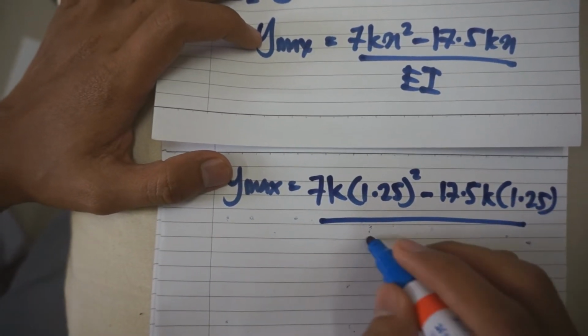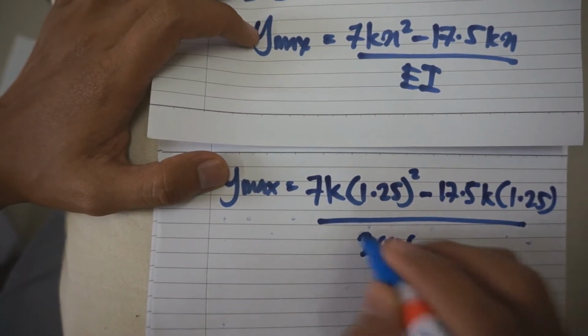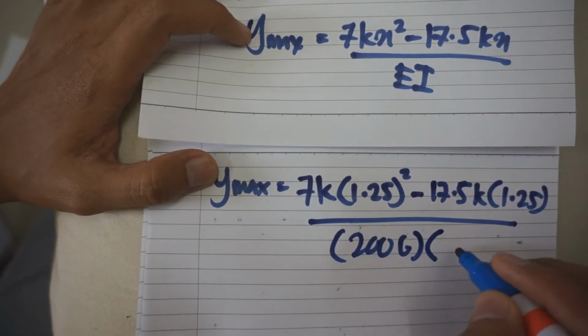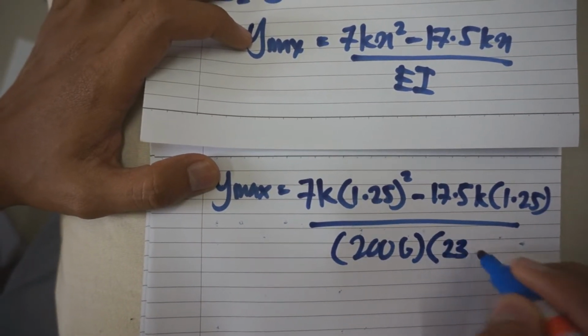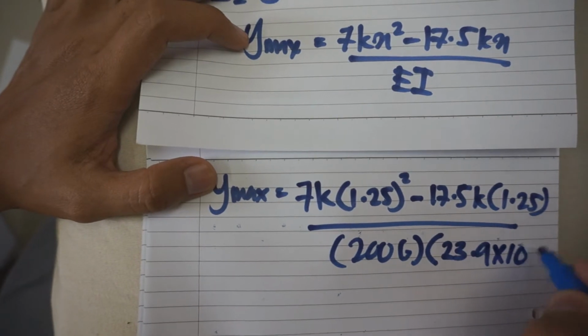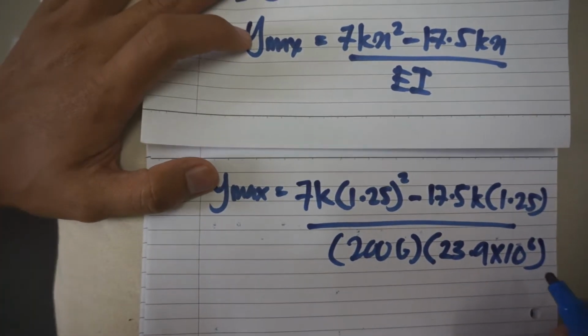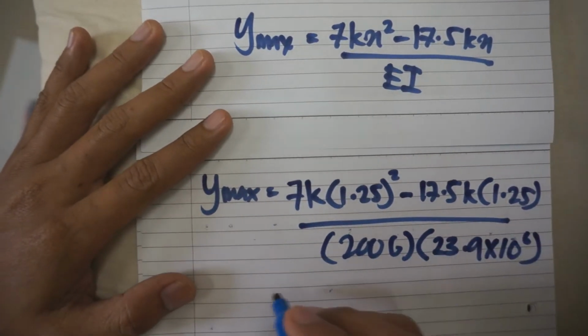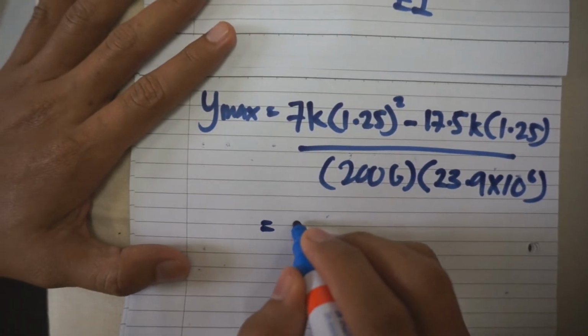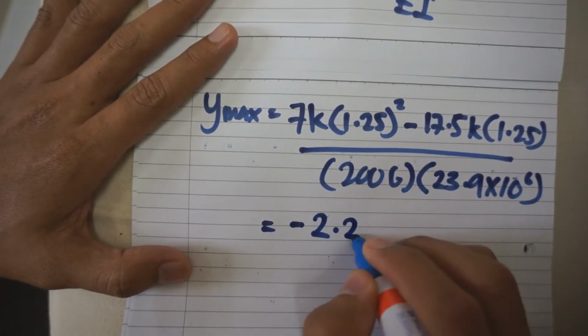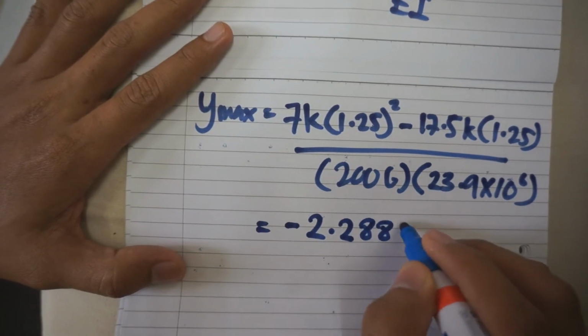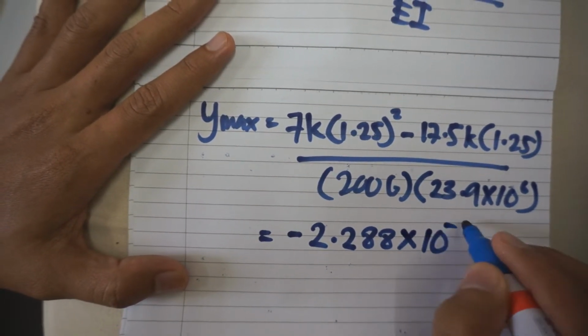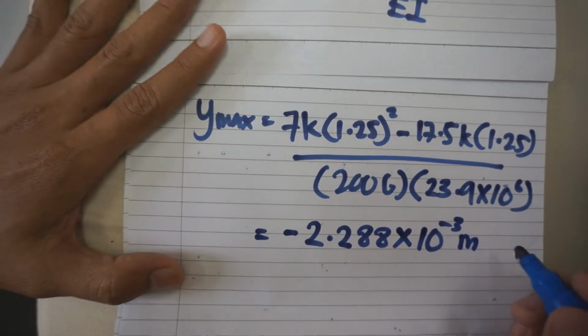E is 200, I is 23.9 times 10 to the power of 6. Okay, now the final answer is negative 2.288 times 10 to the power of negative 3 meter.